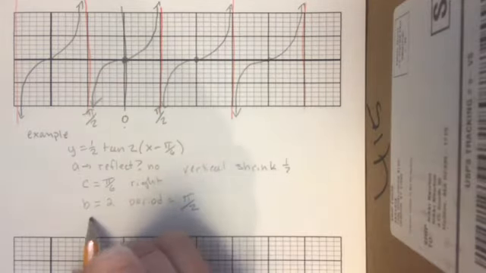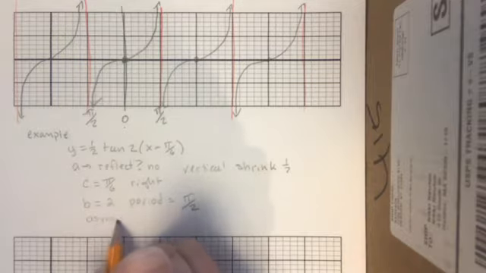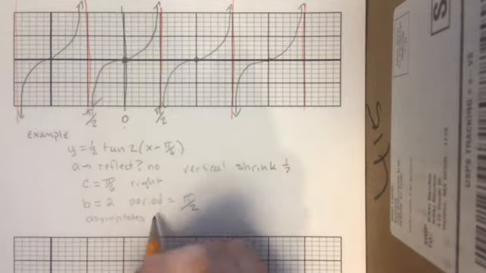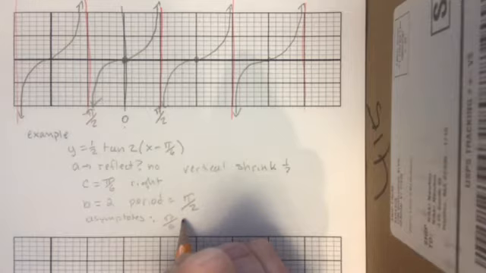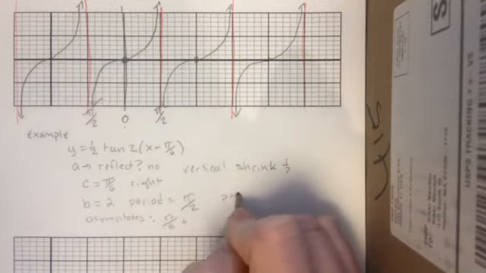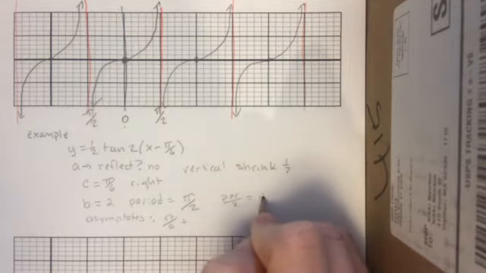So when I'm ready to do my asymptotes, I'm going to start at my center, my C, which is pi over 6, and I'm going to add the period divided by 2, which is pi over 4.